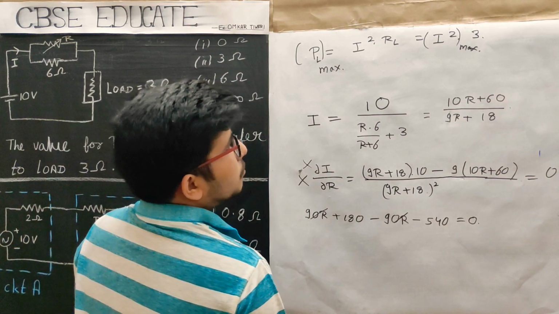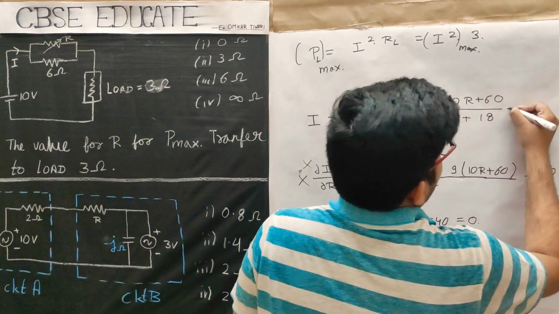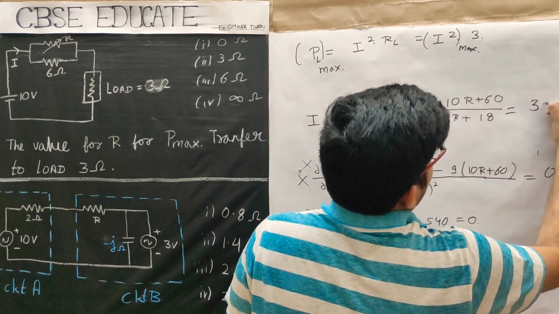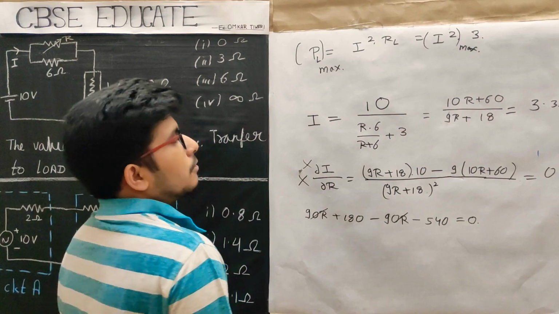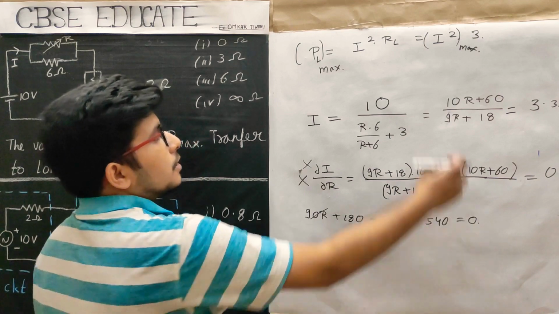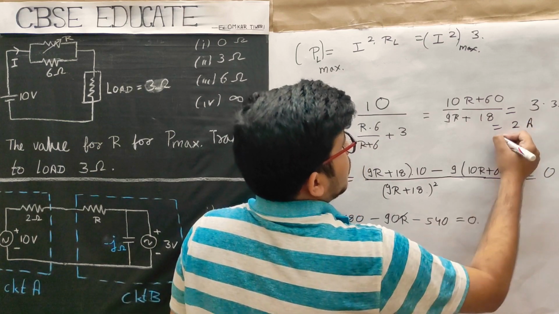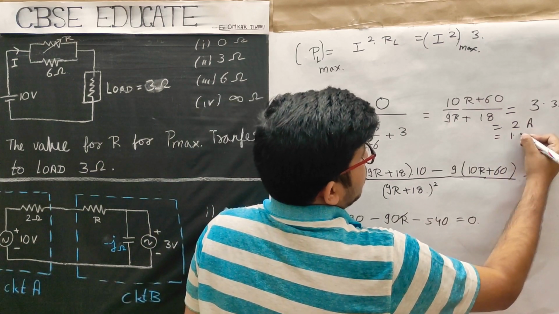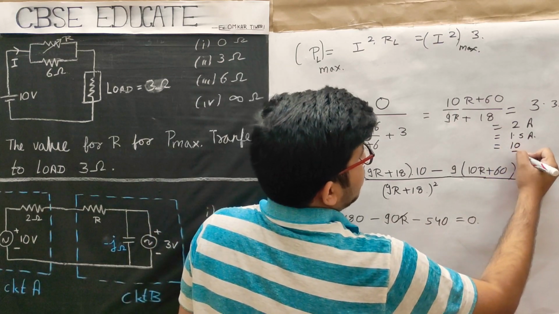By putting 0 ohm, you will get 60 by 18, which means 3.333 ampere. When you put 3 ohm in place of R, you will get 2 ampere. When you put 6 ohm, you will get around 1.5 ampere. And when you put infinity, you will get simply 10 by 9 ampere.